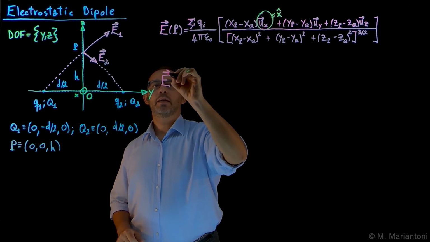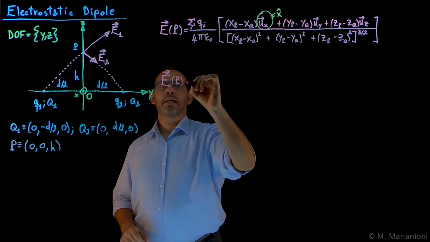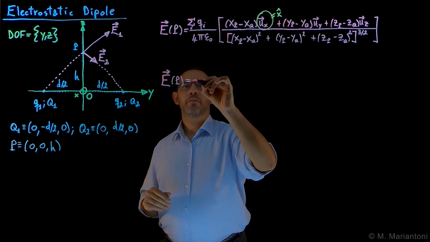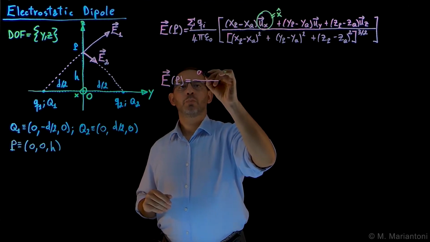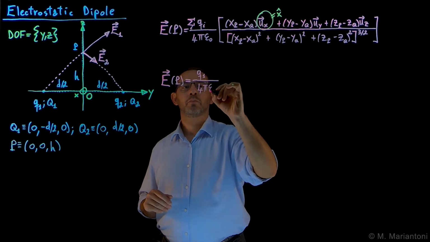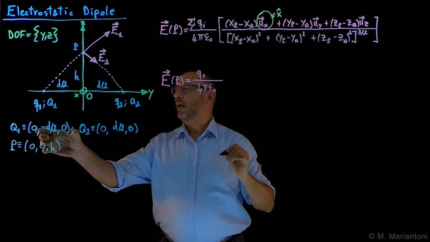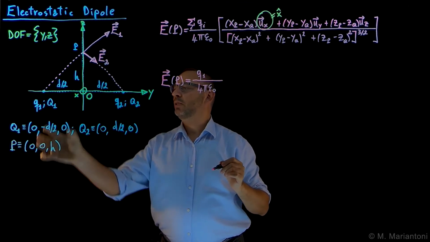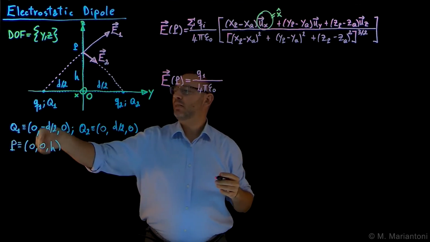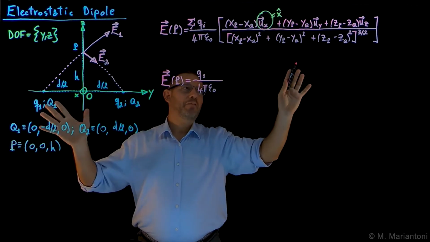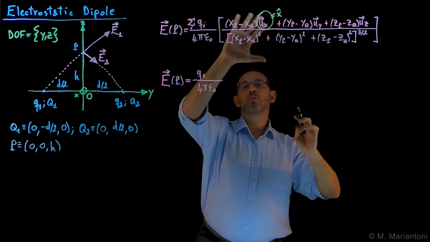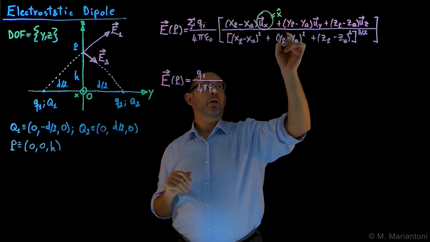So the final E at point capital P, well, let's begin. We are doing the superposition principle with Q1. So we're going to have small q1, which is the charge of the first particle, divided by 4 pi epsilon naught. So now we're focusing on q1 only, these 2 points. In this case, all the x components are 0, so x will never be there, and we know that makes sense because the degrees of freedom are only y and z, so we expected x not to be there.